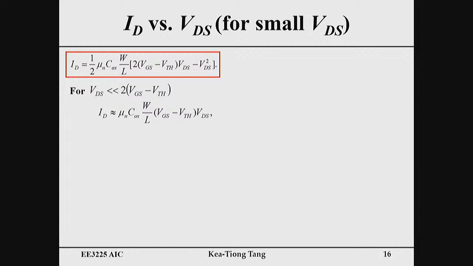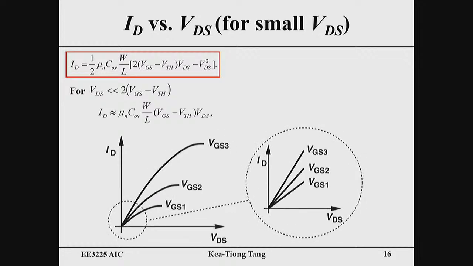Okay, and 2 times 1/2 is 1. So the drain current will be mobility times C oxide W/L times (VGS minus VTH) times VDS. So when VDS is very small, the drain current is linearly depending on VDS.